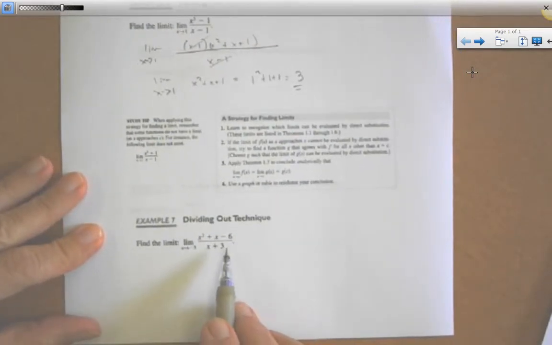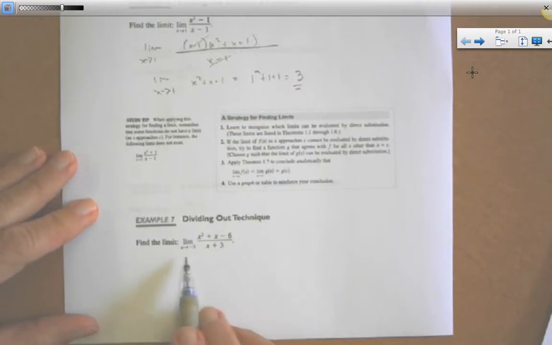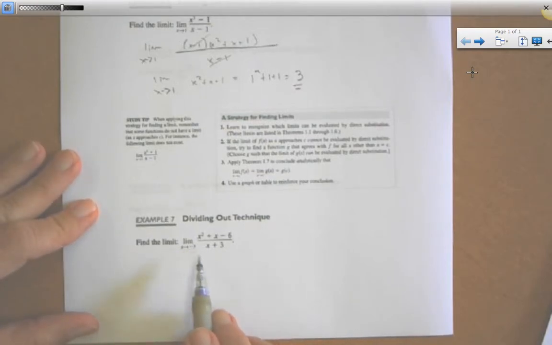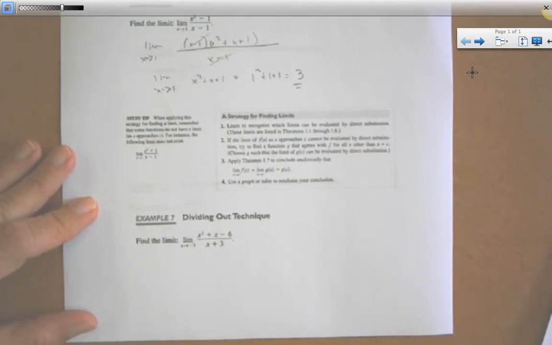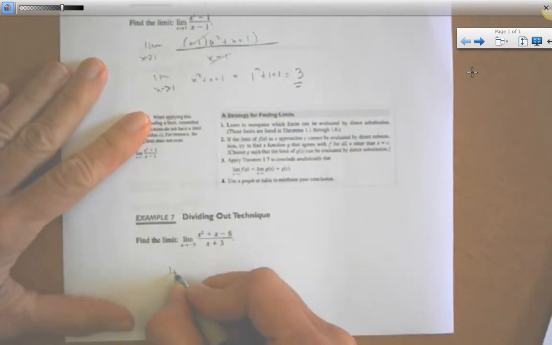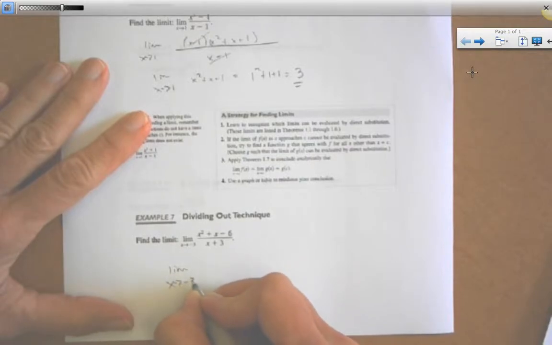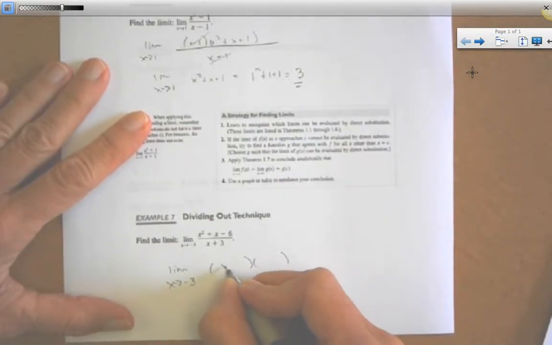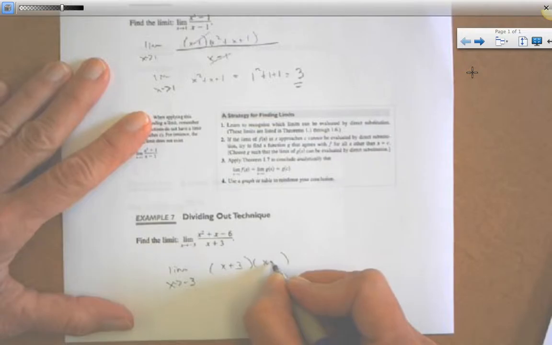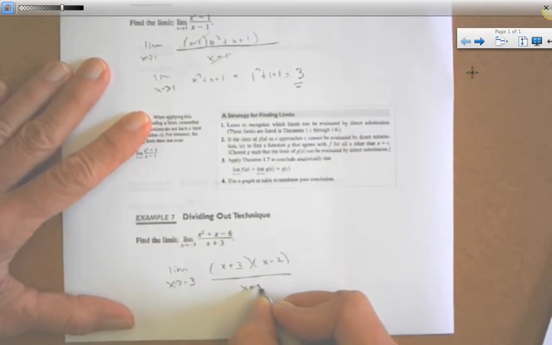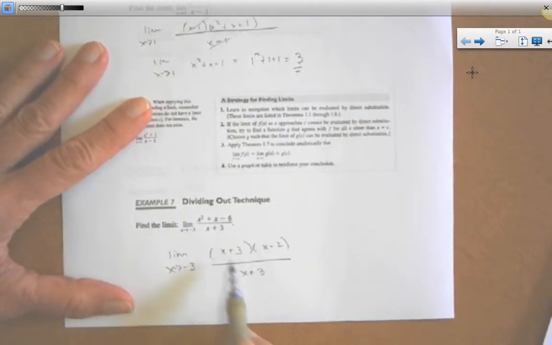The dividing out technique. Okay, so again, if I plug in negative 3, it makes the denominator equal to 0. I can't use direct substitution. It gives me the indeterminate form. So let's see if we can factor this expression. I want x plus 3 to be a factor, because if it is, these two can drop out.